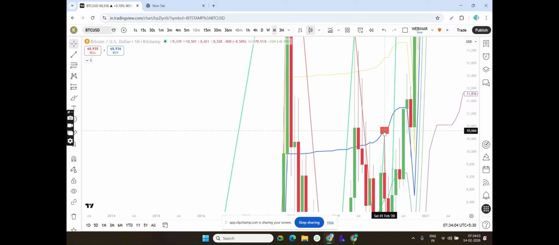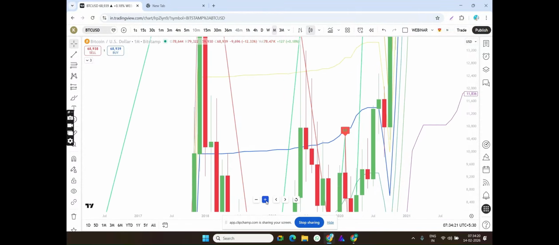Again, we got resisted here, and then this was a classic entry. In August 20, this was a classic entry. Now we did not close below this trend defining line.